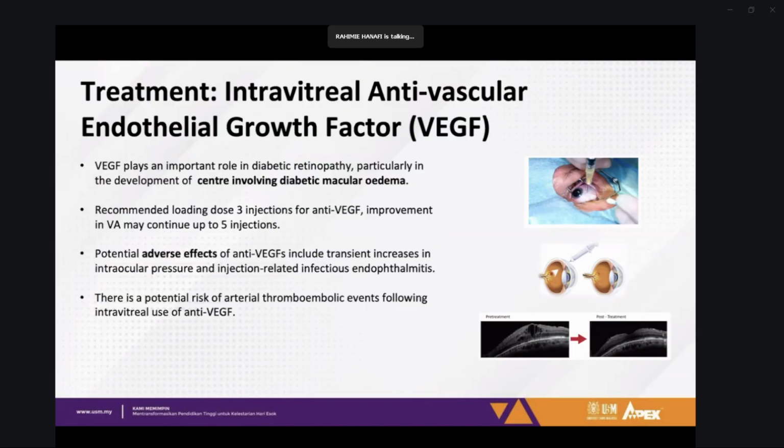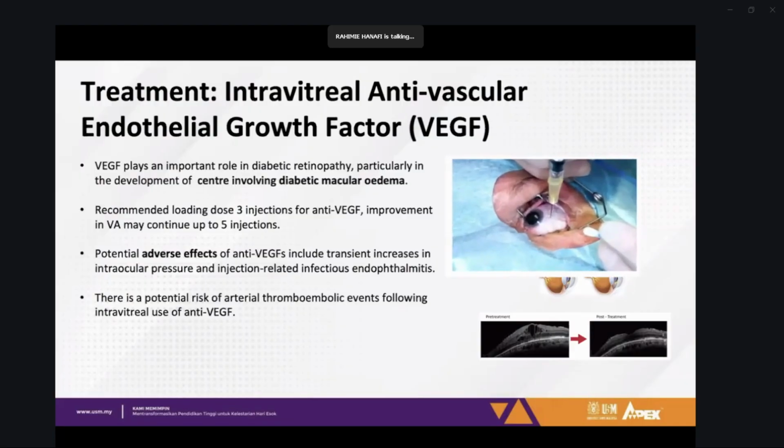And potential adverse effects include transient increase in intraocular pressure, and the patient might have injection-related infectious endophthalmitis, which we prevent with antibiotics post-procedure. And there is a potential risk of the patient developing thrombotic events following intravitreal use of anti-VEGF.